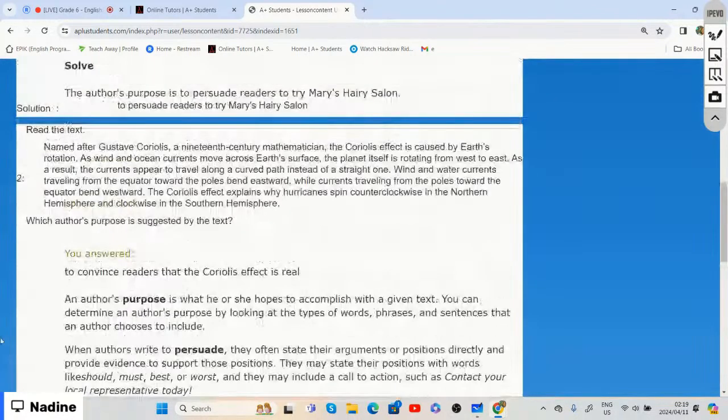So we see it's named after Gustav Coriolis, a 19th century mathematician. The Coriolis effect is caused by Earth's rotation. As wind and ocean currents move across Earth's surface, the planet itself is rotating from west to east.